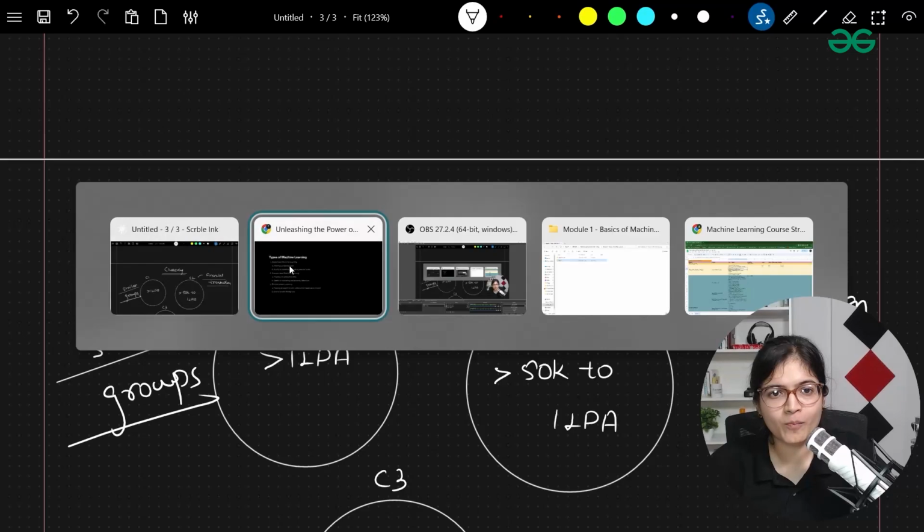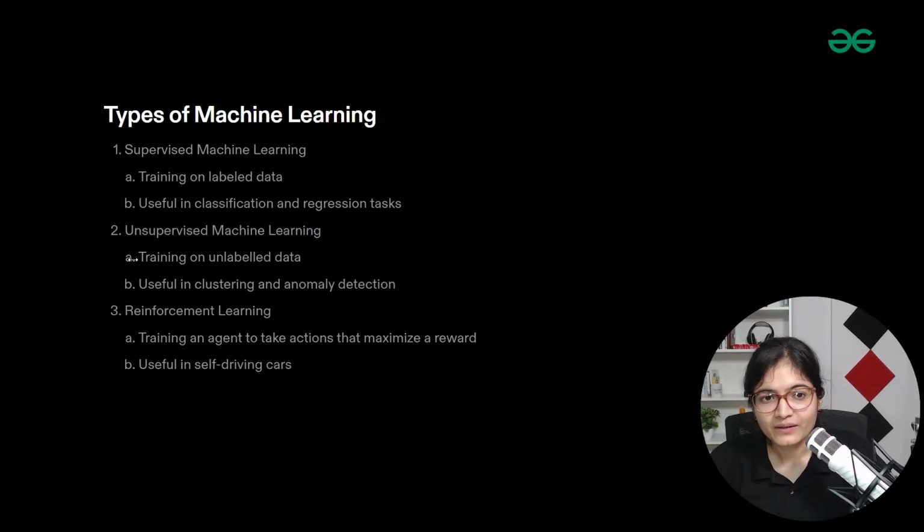If I go back again to the screen, here we are training on unlabeled data. That is what I have explained, useful in clustering and anomaly detection. I'll talk about anomaly detection as well. It's kind of outliers that we have in a given data, meaning extremely awkward points in a data set. I'll talk about that in a later part, but this is what we call unsupervised machine learning.